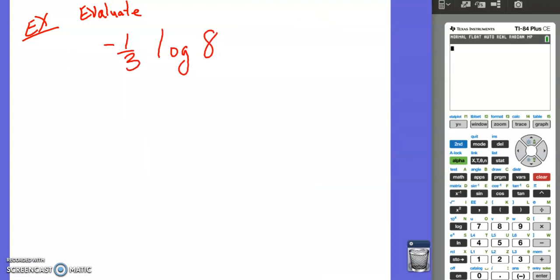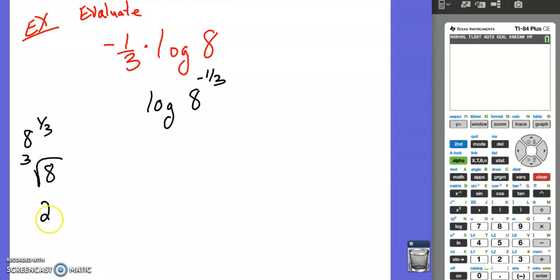And again, if I had this evaluating problem of logarithms, remember when I have a number multiplying on the outside, that's the same thing as literally taking log base 8 to the negative 1/3. A negative exponent means to flip, and to the 1/3 power is the same as the cube root. So 8 to the 1/3 power is literally the cube root of 8, but I'm going to flip that.